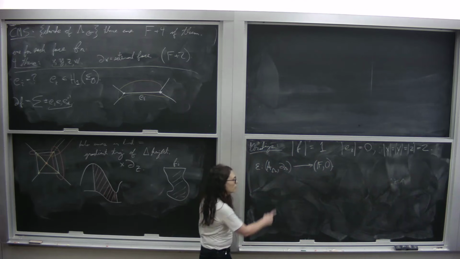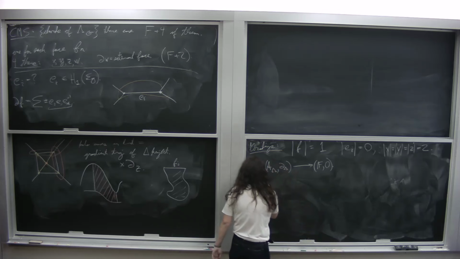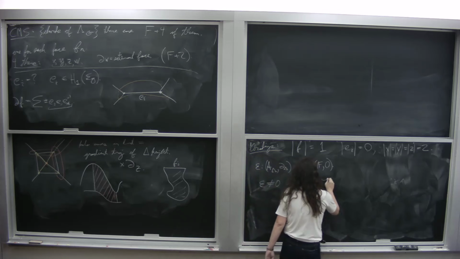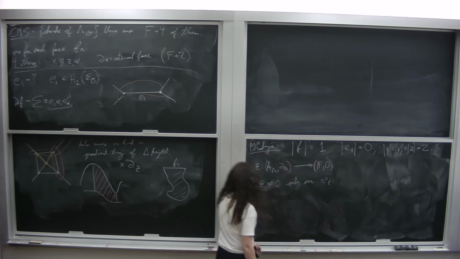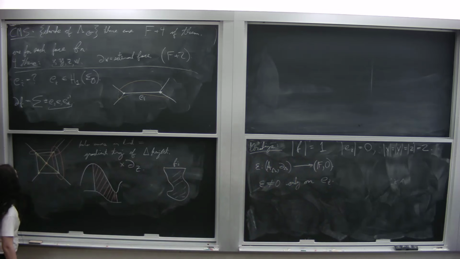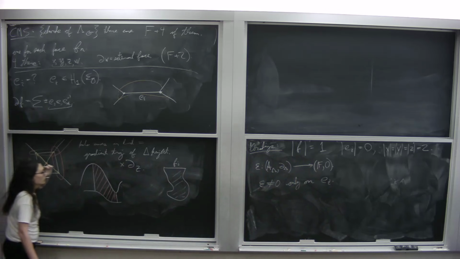So since this is a graded map, we can have that epsilon is not equal to 0 kind of only on these EIs, right? And so that means that this is kind of the only thing that matters.